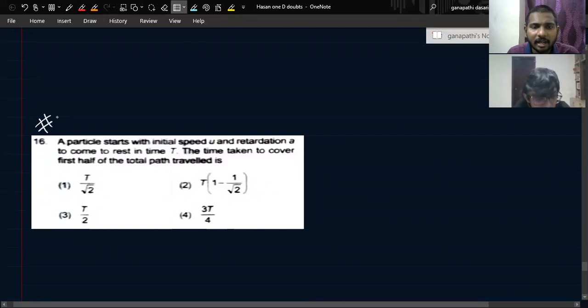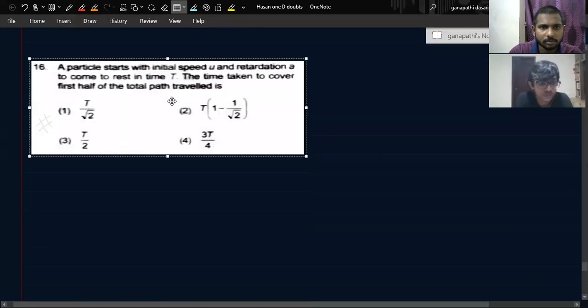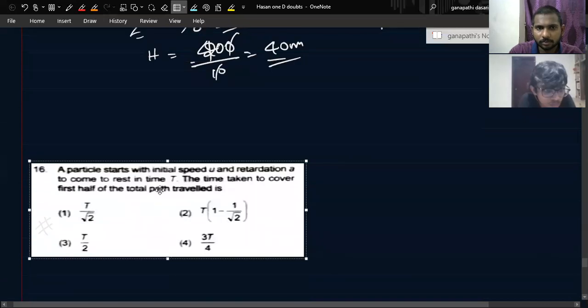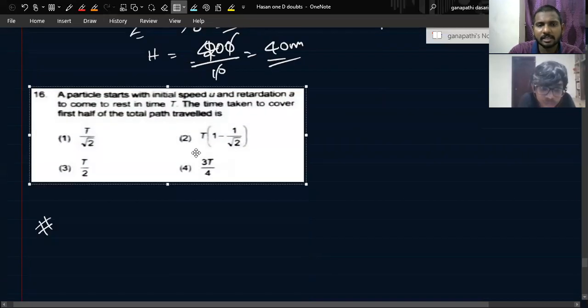Not this question, but the concept involved in this question is asked in the NEET exams and previous year mains exams. This is the 16th question. Can you understand this question once? Try to understand this question. The concept involved in this question is asked a number of times in NEET and mains also.